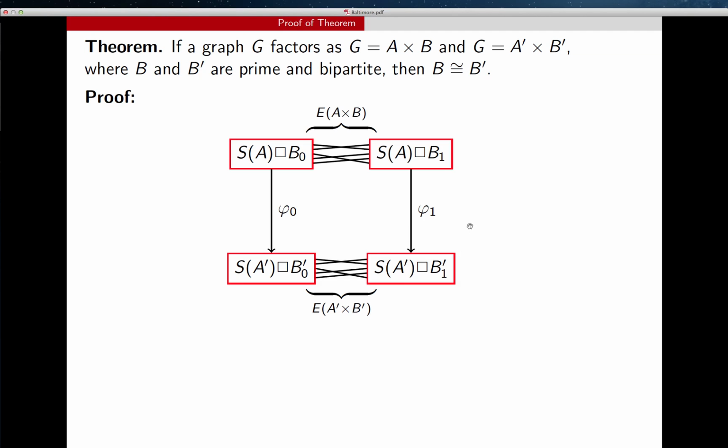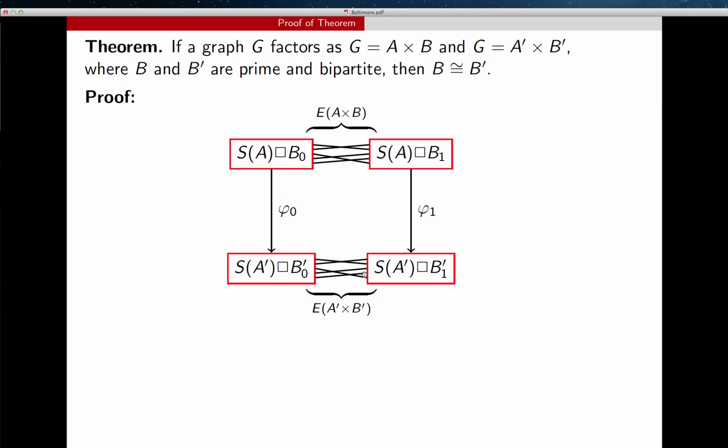Now, bear in mind what's happening here. Remember that scheme we talked about earlier. Where did the direct product go? Remember that the edges of A times B, they run between the vertices of these two components of the skeleton. And the same for the edges of A prime times B prime.